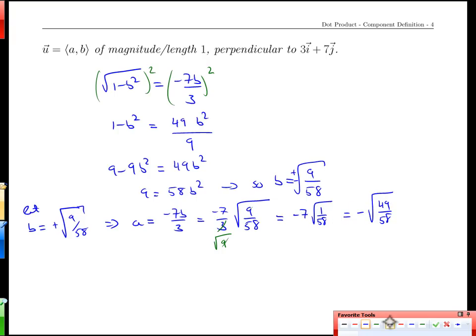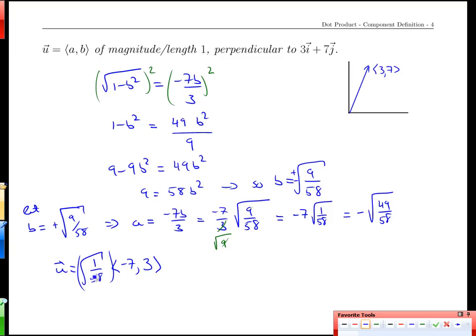Now what do these look like though? Again, going back to our picture about the vectors, we have the 3, 7 vector. That's the one we started with. And what we just have now is our u, which is, well, it turns out both of them have a 1 over 58 square rooted with it. The a is a minus 7 times that, and the b, if I brought that out front, would be a 3 times that.